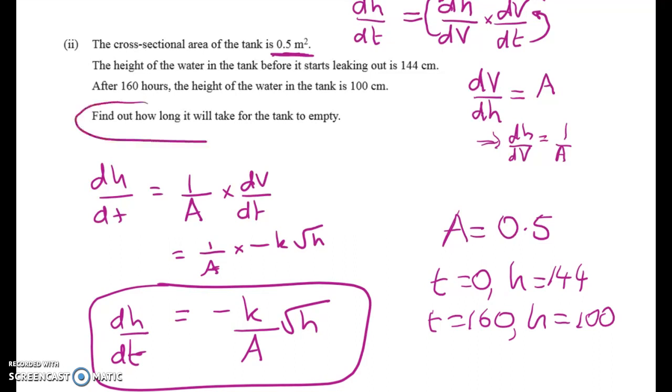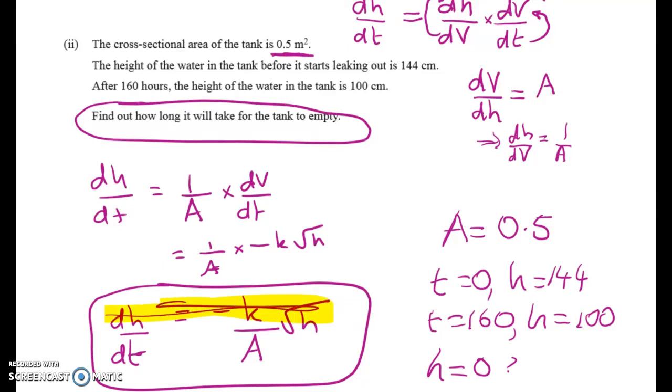And we have to find out how long it will take for the tank to empty. So there are two ways to think about that. You can work with looking for the volume to be 0, or you can just work with the height being 0. So we're going to solve for when H equals 0, because if you look at this equation, we've got that DE and we're ready to go.